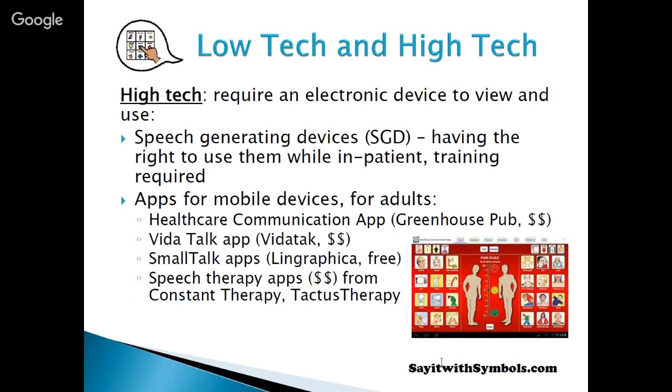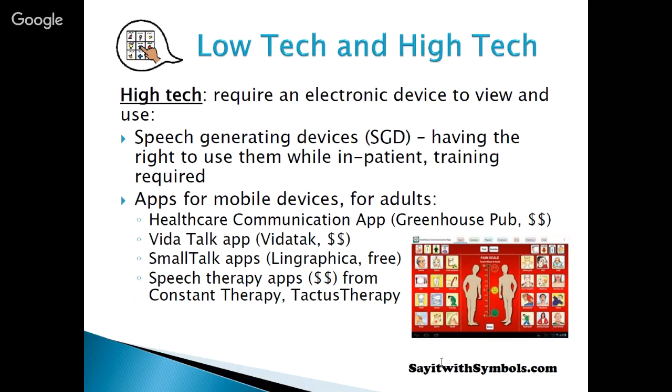Generally, there's training required to use speech-generating devices, and programming them on the fly with urgent care needs might be a little bit tricky, but I suppose the person might have support where they can do that.